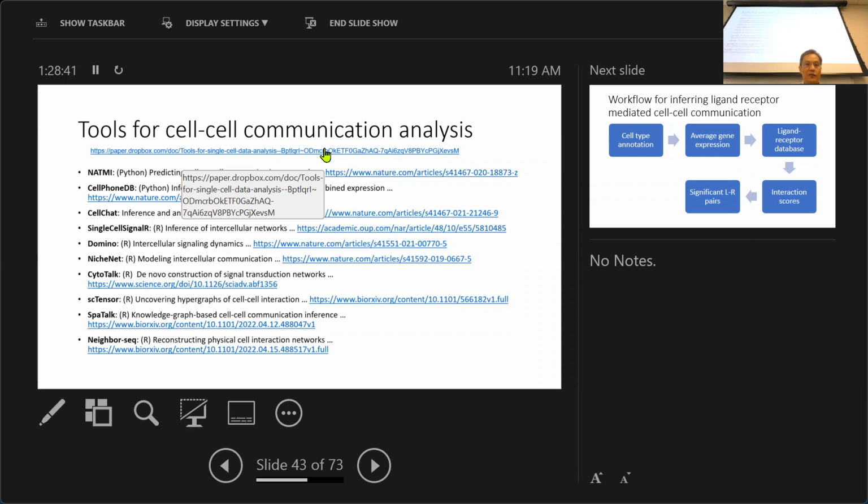It's open to everybody, and I kept it updated until several months ago. There are a lot of packages listed there. Those are the tools developed for single cell cell communication analysis.